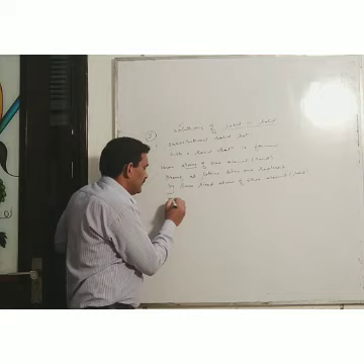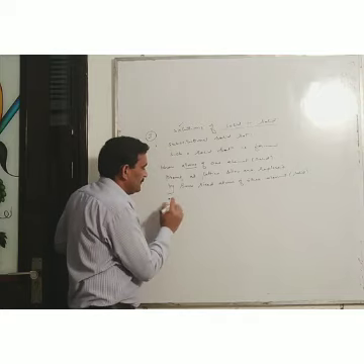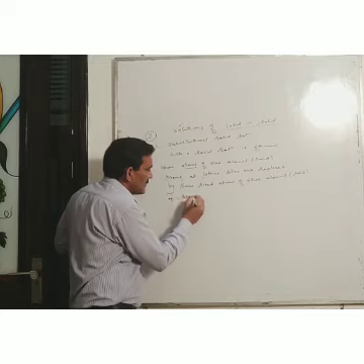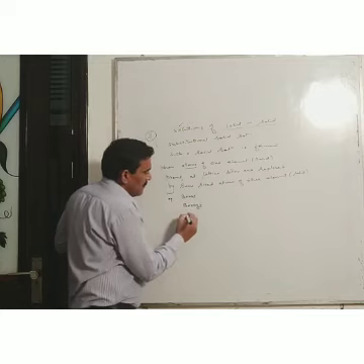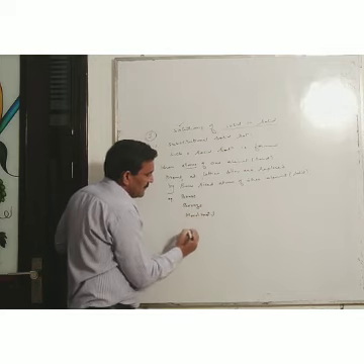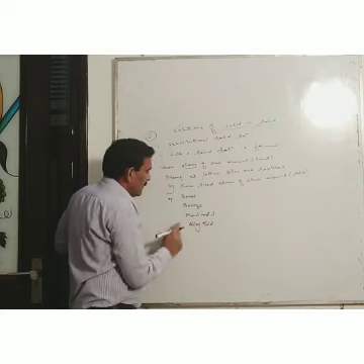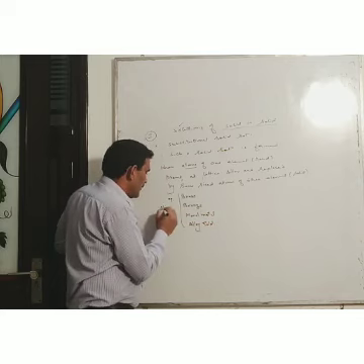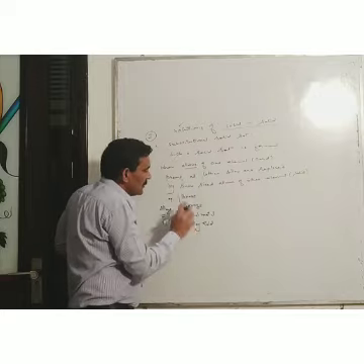For example, we can take the example of brass, bronze, monel metal, alloy gold. These all are alloys and they are substitutional solid solutions.